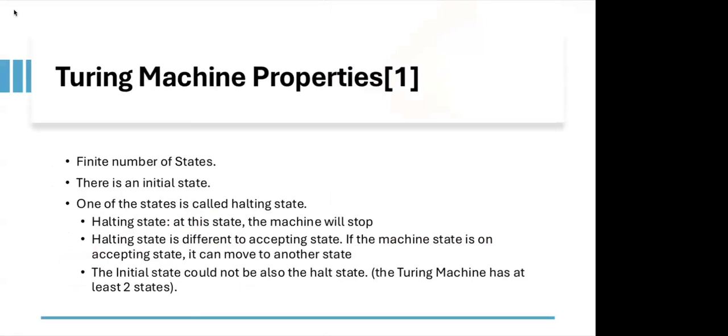Turing machine has a finite number of states, similar to finite automata. There is an initial state, also similar to finite automata. One of the states is called the halting state, where the machine will stop. This is different from finite automata or push down automata, where we accept if we finish reading and stop in an accepting state.